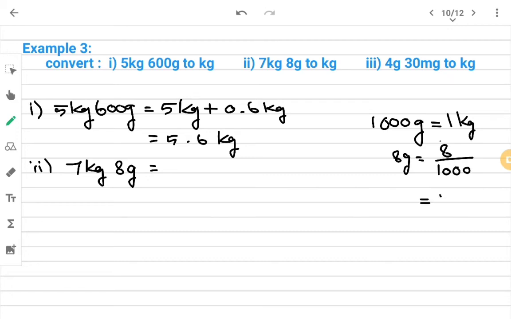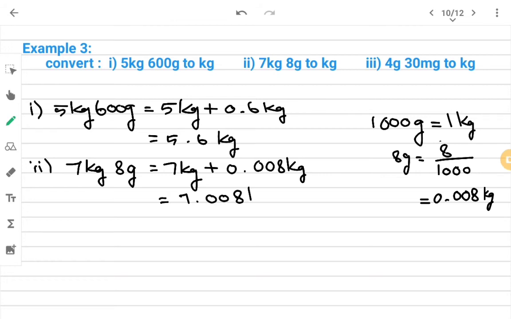So you will get 0.008 kilogram. Therefore 7 kilogram plus 8 gram can be written as 7 kilogram plus 0.008 kilogram. If you add these two, you will get 7.008 kilogram.